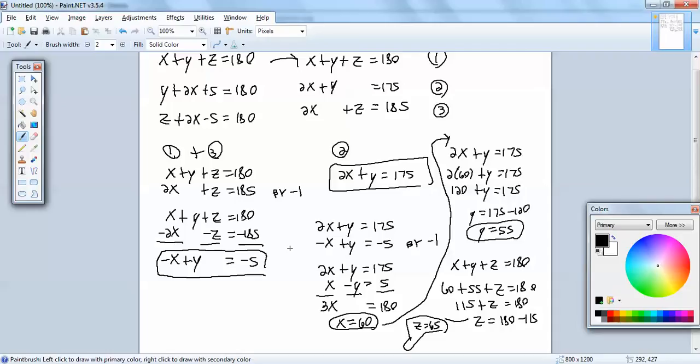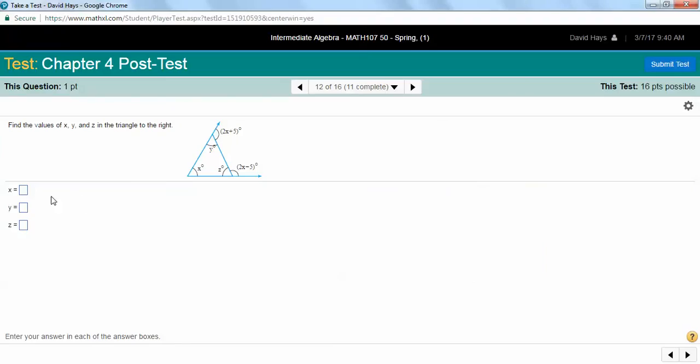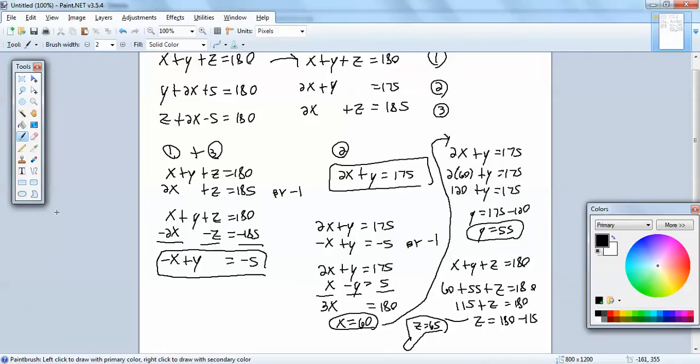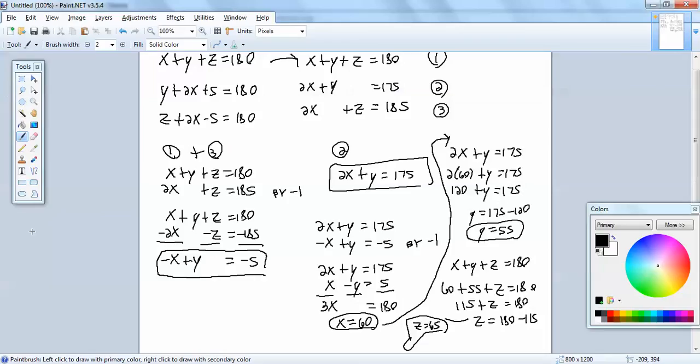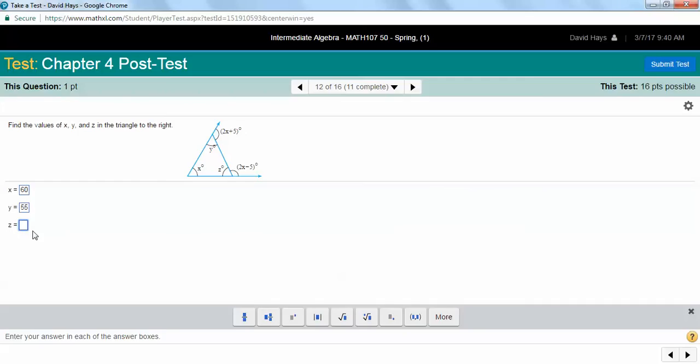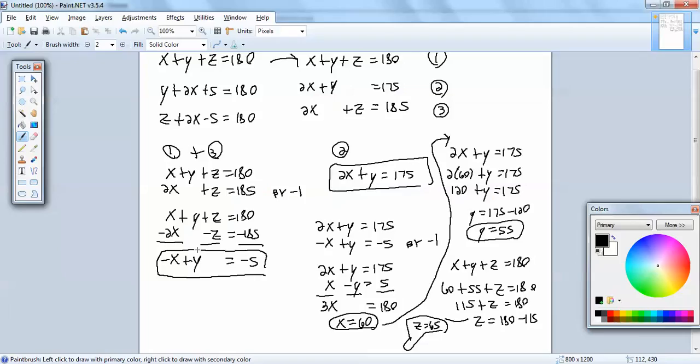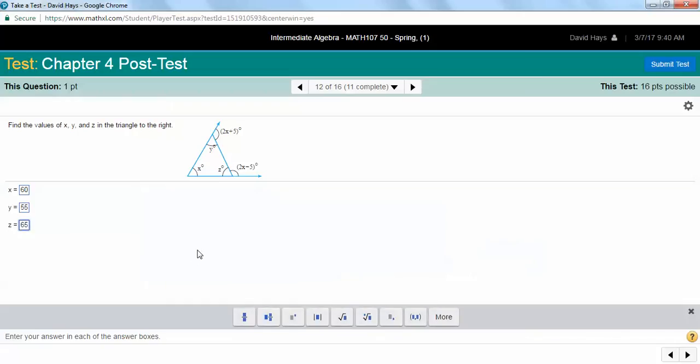Z, which is 65, plus 2x, so 120 minus 5 gives us 180. Okay, those check. X is 60. Y is 55. And z is 65. 60, 55, 65.